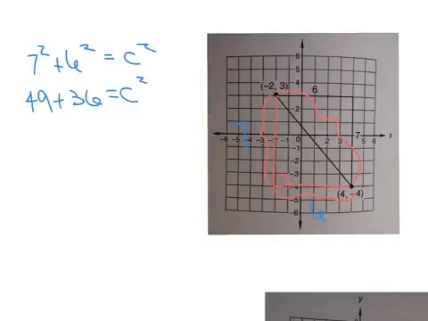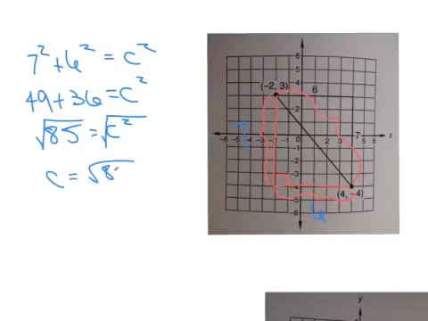So 49 and 36 is 85. Take the square root of both sides, and I get c equals the square root of 85, which is somewhere around 9. A little bit bigger than 9. And that's the length of that.